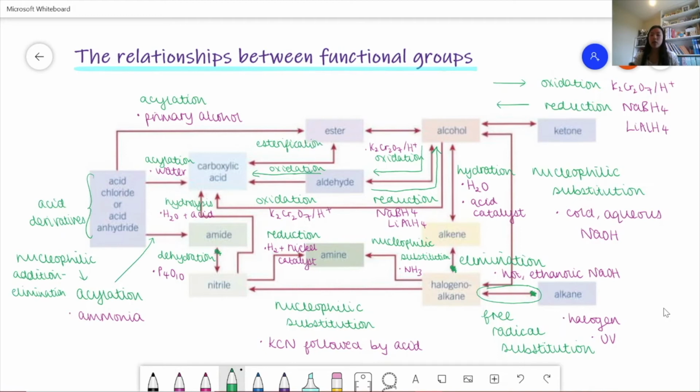If we went the other way, it would be a hydrolysis reaction. For esterification, we need an alcohol. For hydrolysis of an ester, we need a H plus catalyst and also some water.